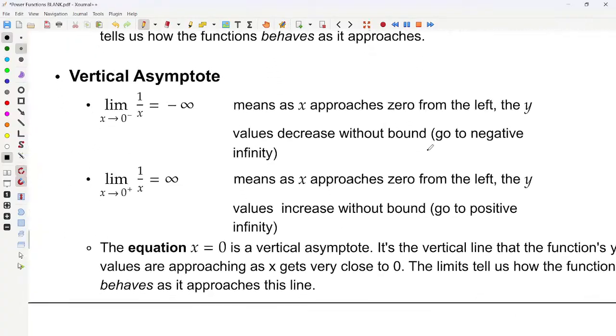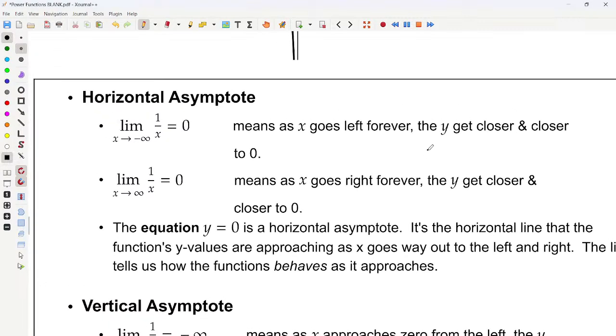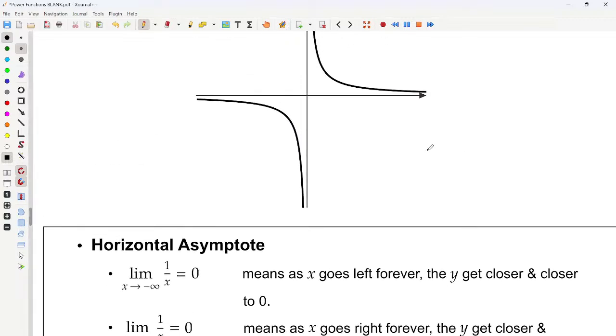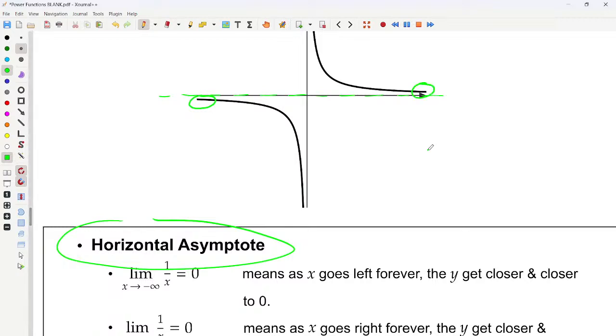I want to actually jump down to this part. I'll read this. So horizontal asymptotes. As we take the left side or the right side, the graph was getting closer to 0 on its ends. So horizontal asymptote, because on its ends, it was getting close to 0.